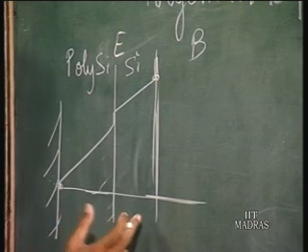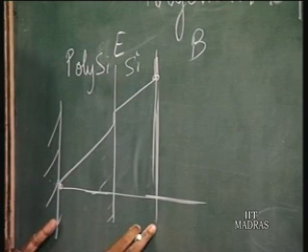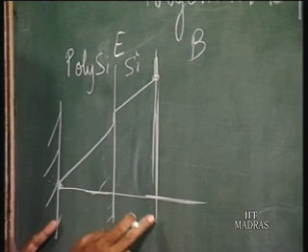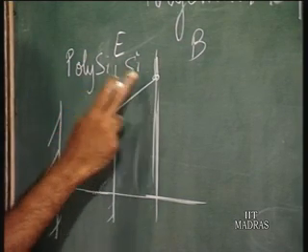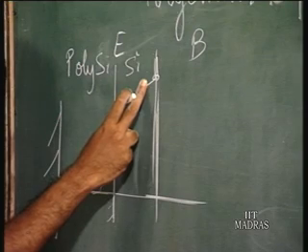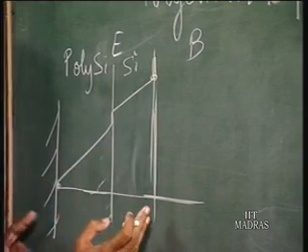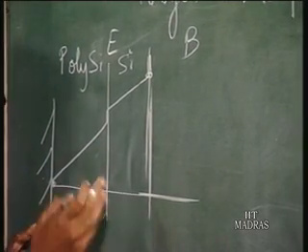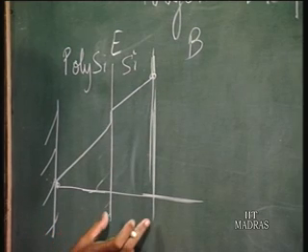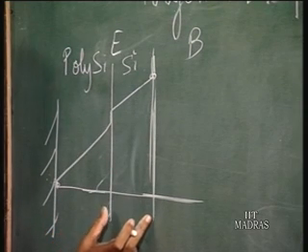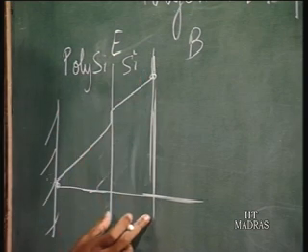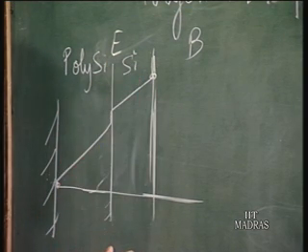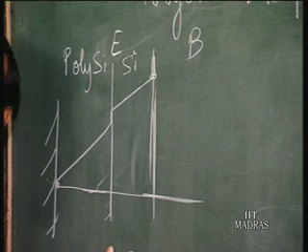So, the total emitter width for calculation of beta is actually the sum of the polysilicon thickness as well as the silicon thickness, which can be made quite large. Whereas, we shall see when we look at the transistor structure, the peripheral capacitance is going to be determined by the silicon thickness, which can be made very, very small.